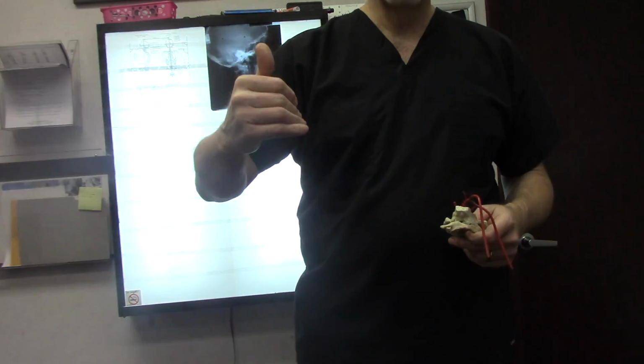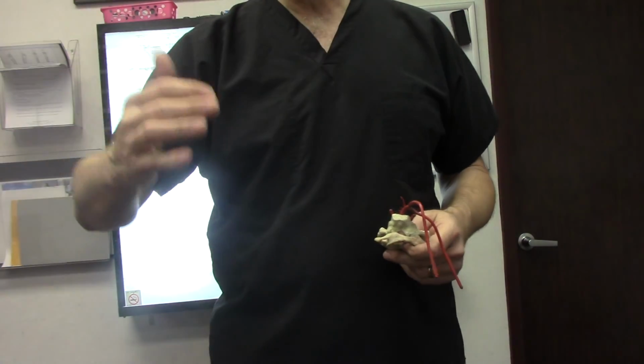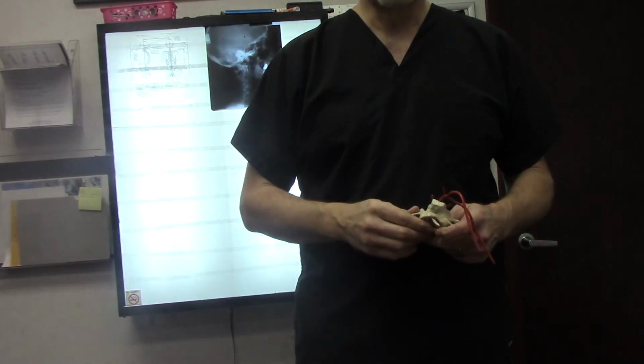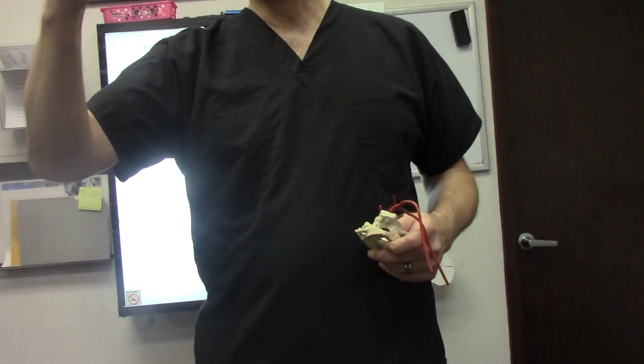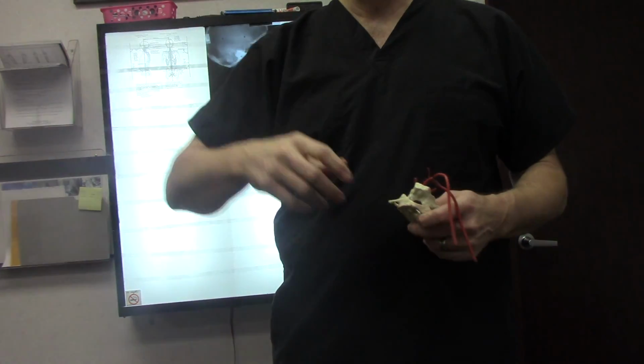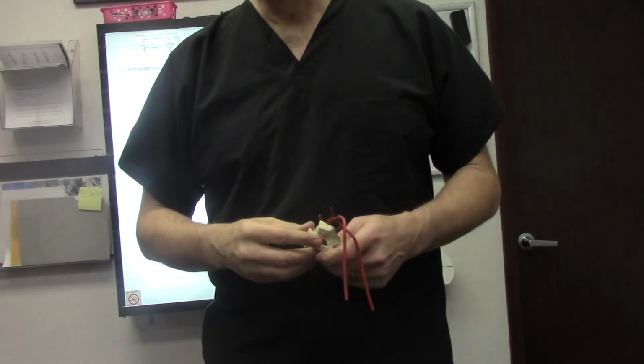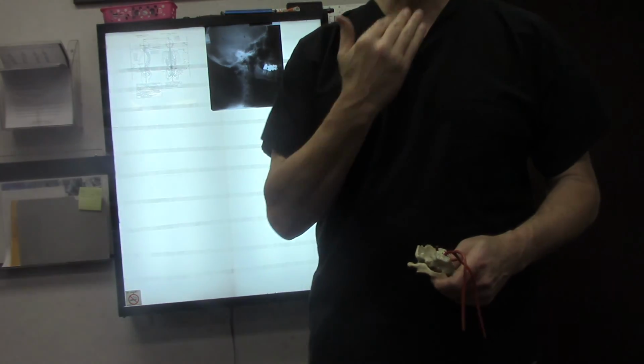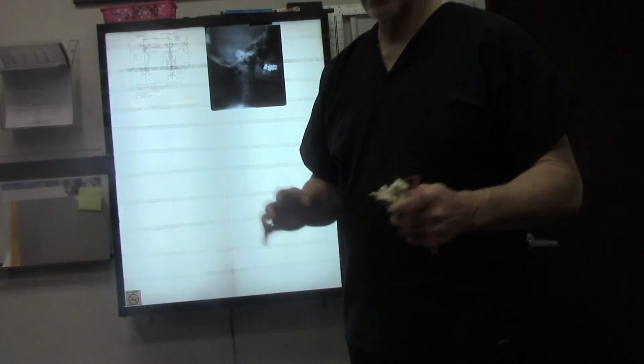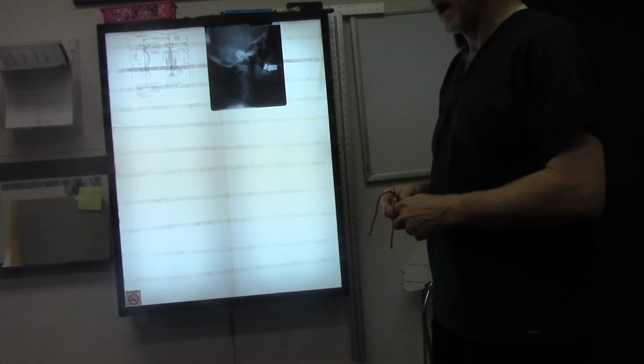We can also have a kinking of the vertebral artery, described by Punjabi and White, creating a decrease in blood flow to the brainstem itself, which is disastrous.